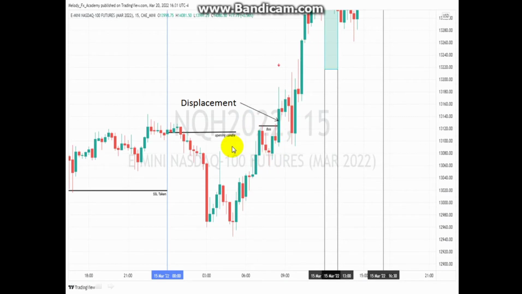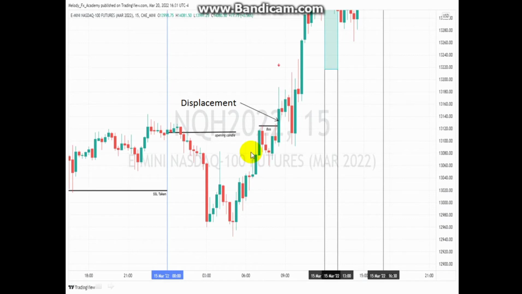Now, combined with the fact that we are expecting bullishness, we are expecting higher prices, we are going to look for one of two things. We are going to look for sell side liquidity to be taken out, or displacement.